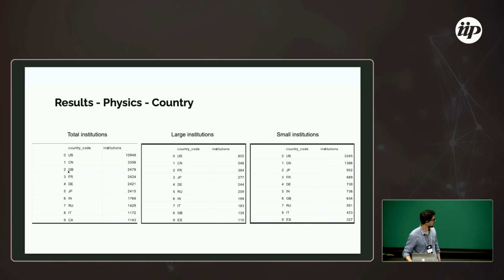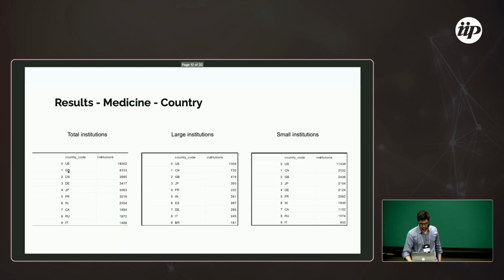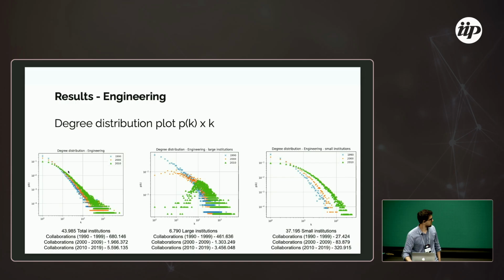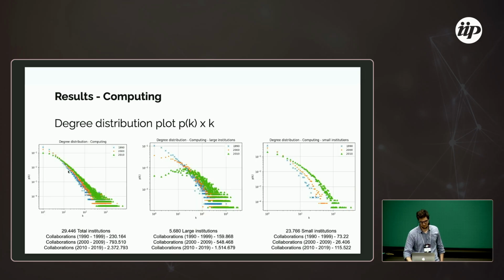Here we have the country of each network's institutions. In medicine, we have similar results. In engineering, we have a somewhat different behavior in this network, especially in the large institutions compared to the small institutions, and in computing.